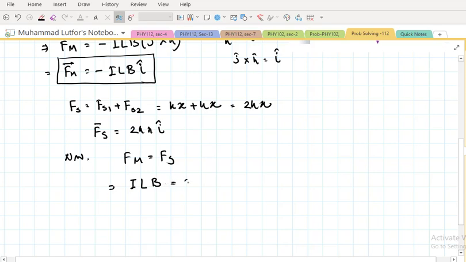I L B must be 2Kx, right? Then I can find out that I from there is going to be 2Kx divided by L into B. I know everything, right?